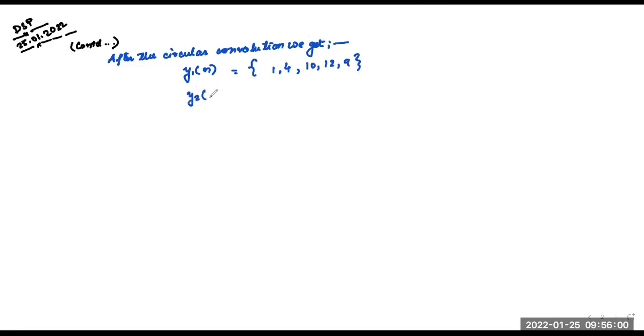Y2 of n equals 4, 13, 28, 27, 18. Y3 of n equals 7, 22, 46, 42, 27. So these are the values.